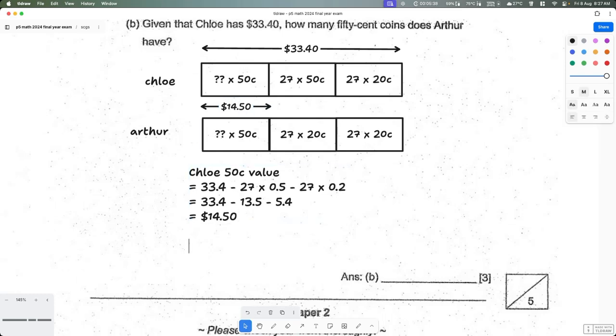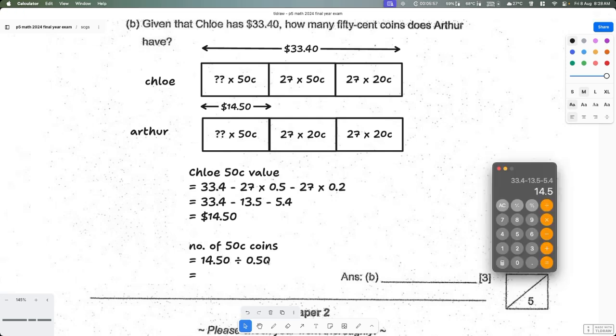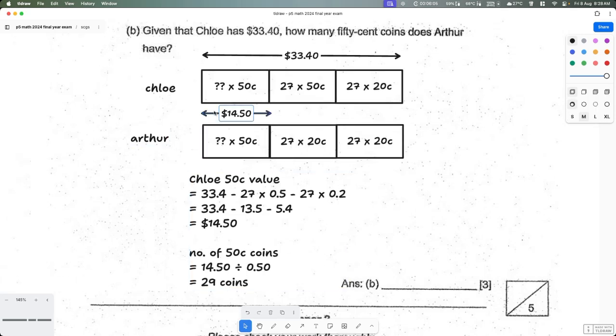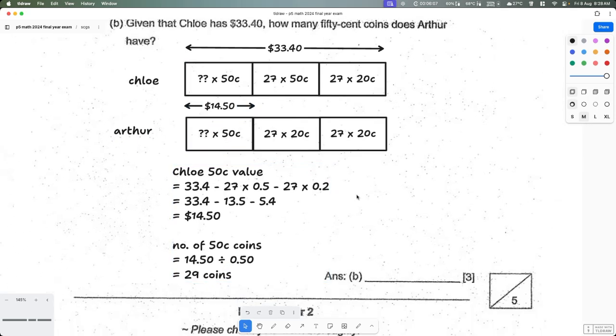So the number of 50-cent coins is equal to 14.5 divided by 0.5. I'll just put 0 at the end, so it's easier to understand. With this, divided by 0.50, this will give us 29 coins. So in this case, Arthur over here has 29 coins as well.